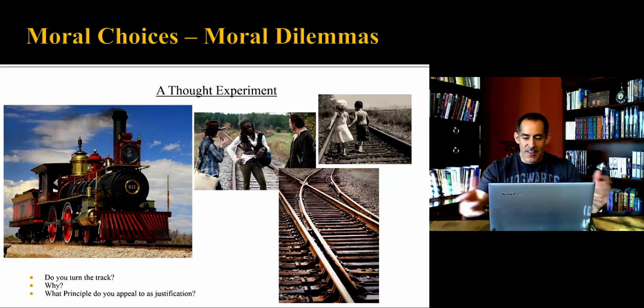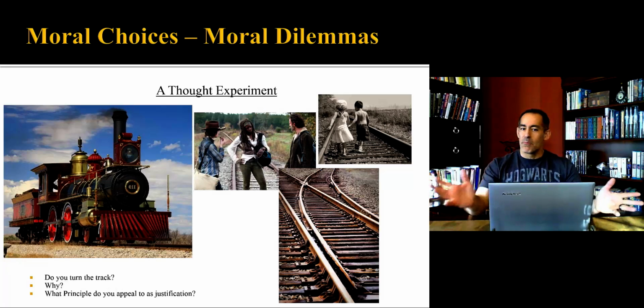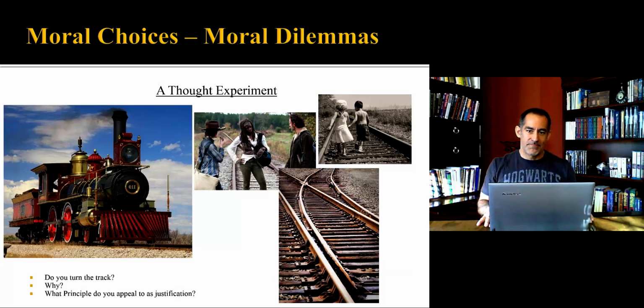Does the innocence have any factor to play? Now, some people get maybe a little bit more uncomfortable making the decision there. 2 versus 3, all things being equal, 2 should die over the 3. But because of who the 2 are, maybe it doesn't work that way. Okay, you can see how complicated this can get.